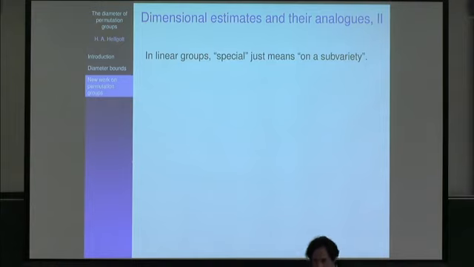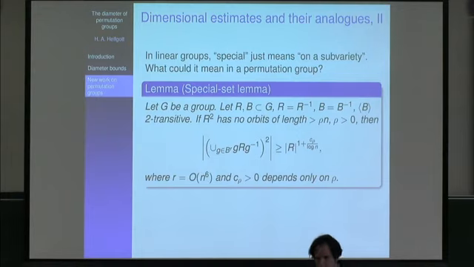Now, what could that ever mean in the case of alternating groups? One particular meaning you can give to this, inspired by work from the early 80s by Babai, is that you can take special to mean having no very long orbits.